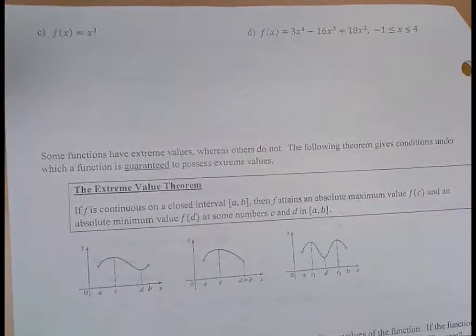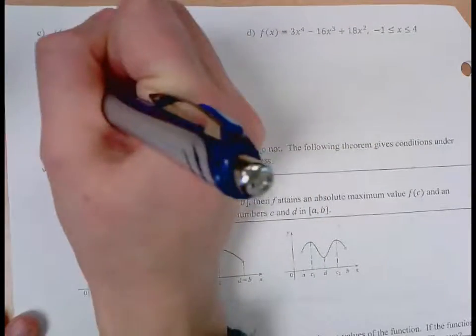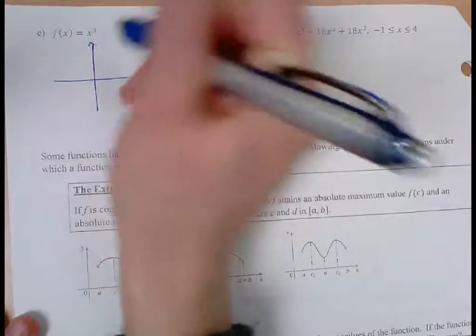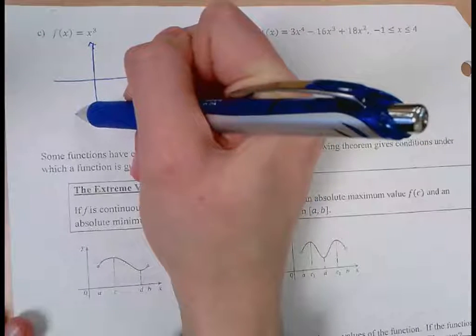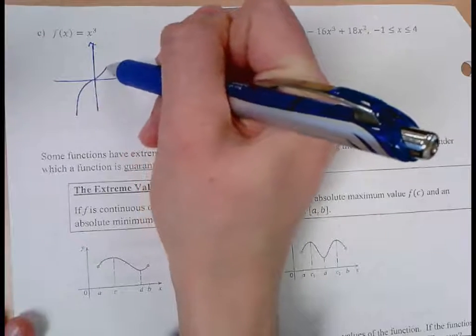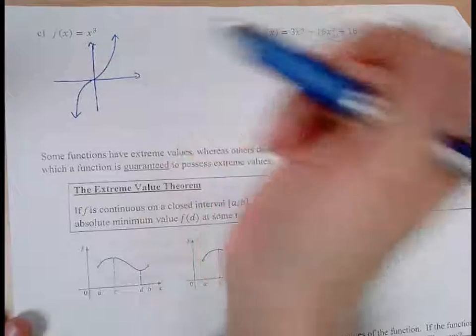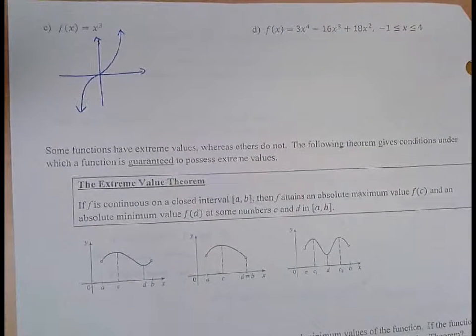All right, and then for C, x cubed. So x cubed, just the function x cubed, does not have that local max or min in the middle of it.